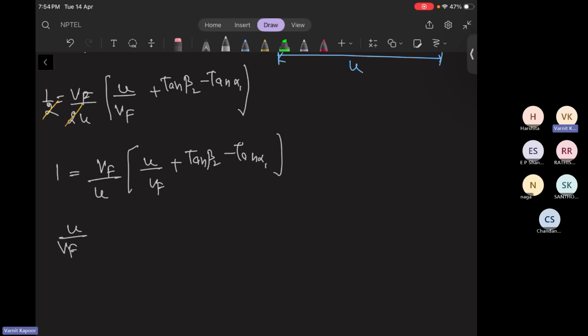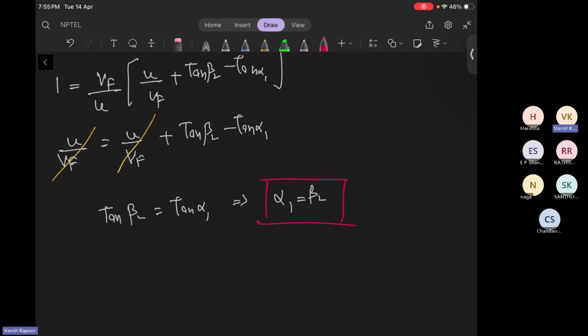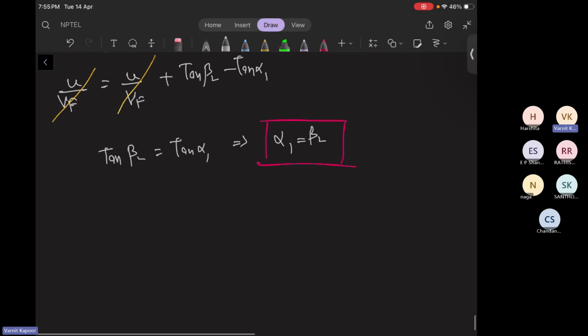U by VF is equal to U by VF plus tan beta 2 minus tan alpha 1. So this and this term cancel out. That means your tan beta 2 is equal to tan alpha 1. This implies your alpha 1 is equal to beta 2. This is your first condition. Similarly, you can get the another condition from the outlet triangle. Your alpha 2 will be equal to beta 1. This is your another condition.